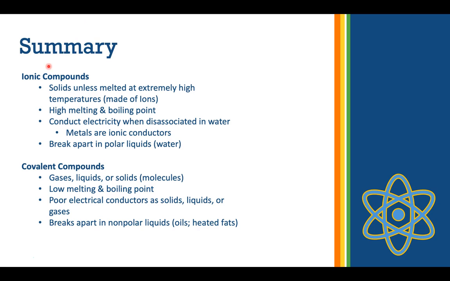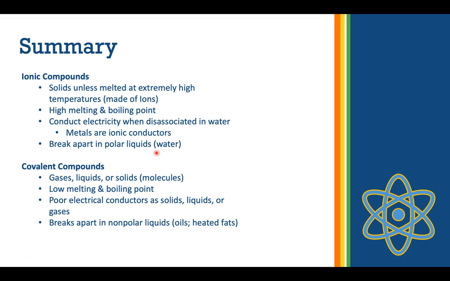Okay, so in summary, ionic compounds are solids unless melted at extremely high temperatures. They are made of ions. They have high melting and boiling points. They conduct electricity when dissociated in water. Metals are ionic conductors. They break apart in polar liquids.